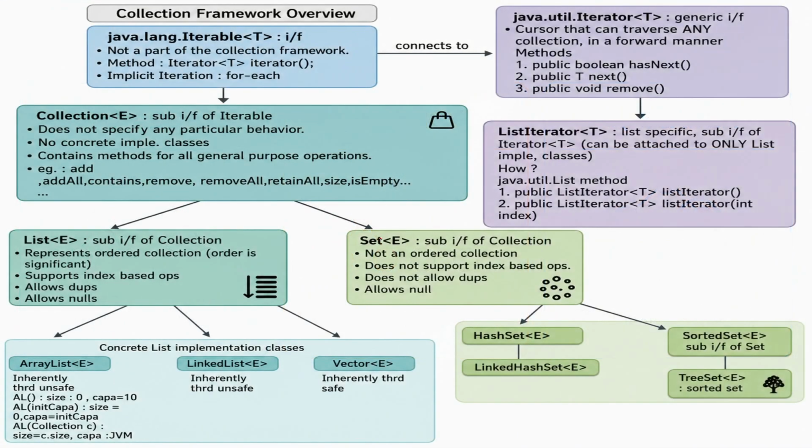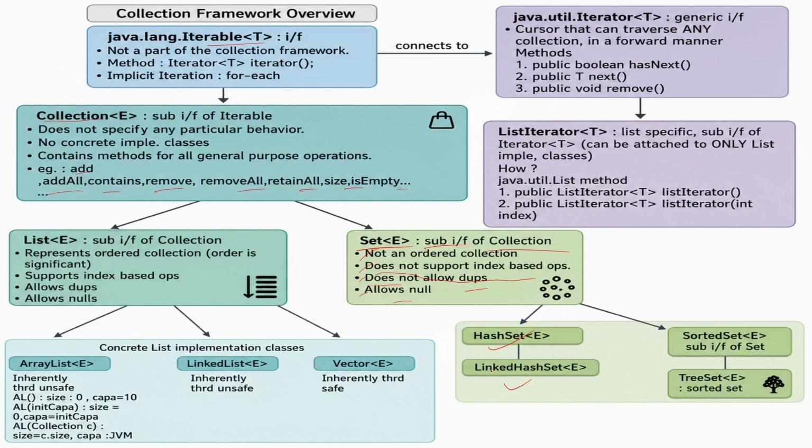So we know this diagram, right? These are the Set interface, Iterable, then Collection, which provides common methods like addAll, add, contains, removeAll. These are the common methods provided by the Collection interface, and Set is the sub-interface or child interface of Collection. So we know these properties: it allows only one null value, does not allow duplicates, and does not support index-based operations. These are the implementation classes.